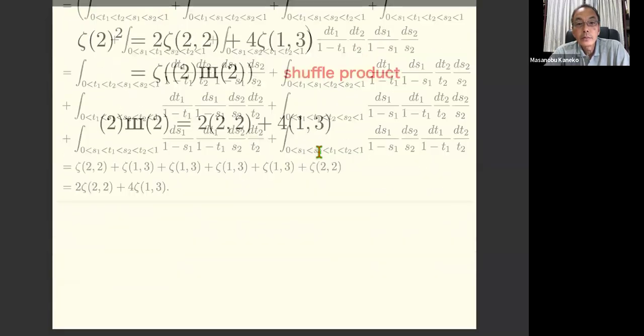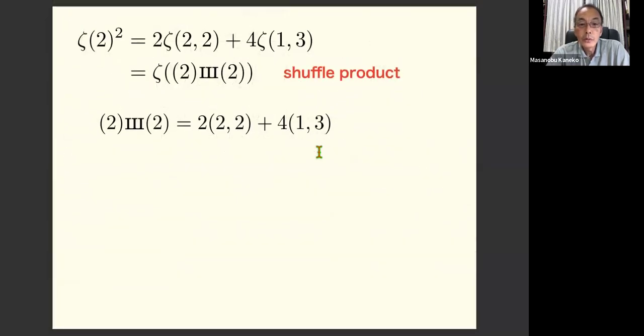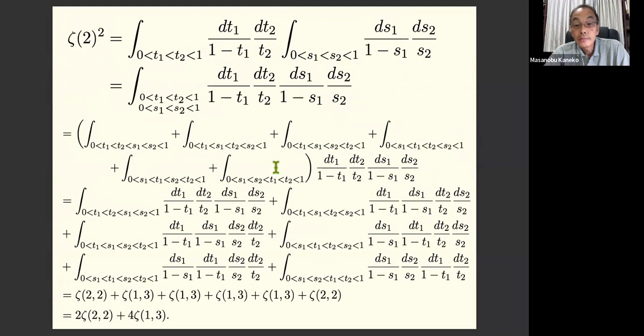So each integral is again an MZV. And in this case, each is either zeta 2, 2, like this, or zeta 1, 3, like this.